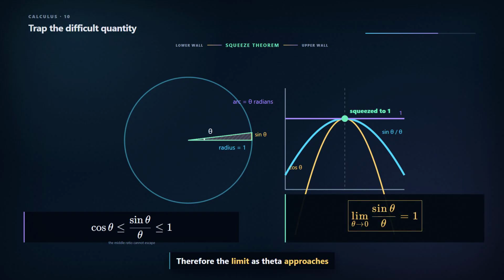Therefore, the limit as theta approaches 0 of sine theta over theta equals 1. Radians are essential. Only in radians does the unit circle arc length equal theta. This geometric result will unlock the derivative of sine later.